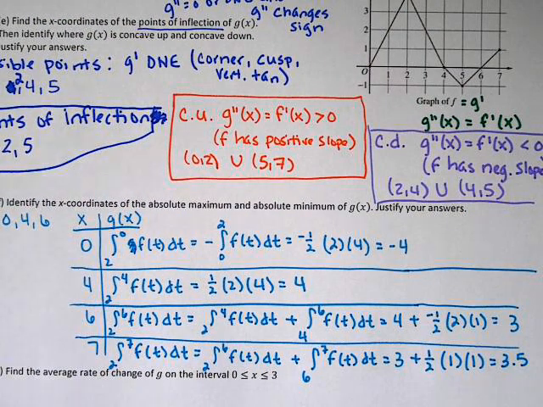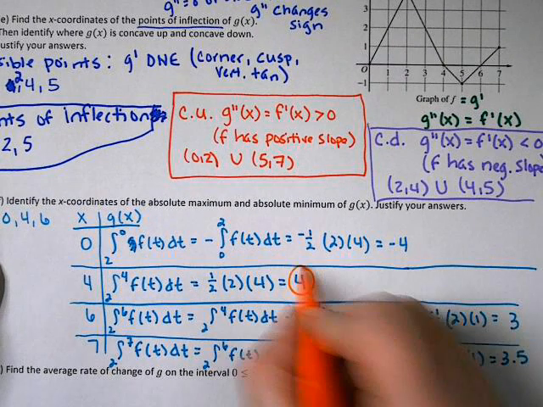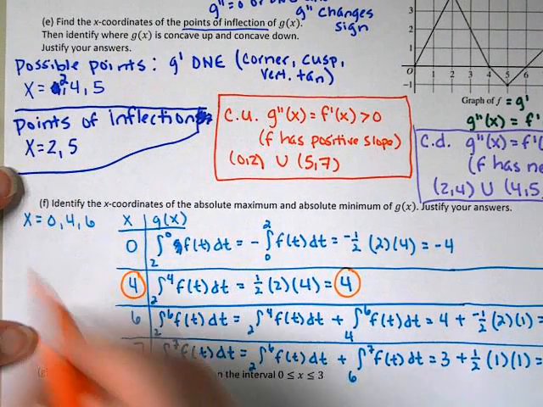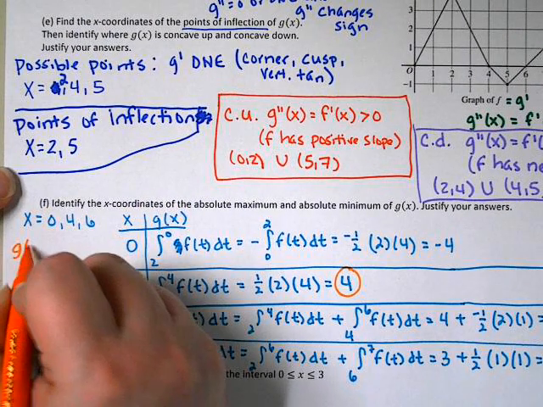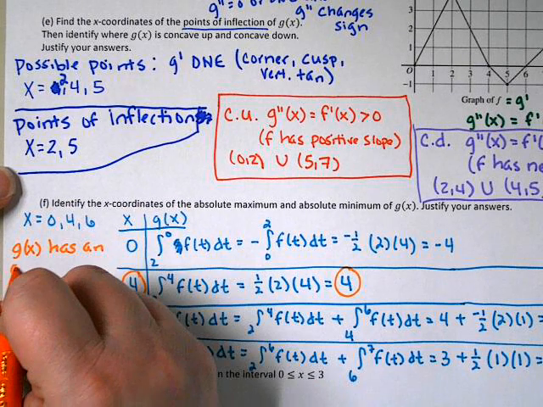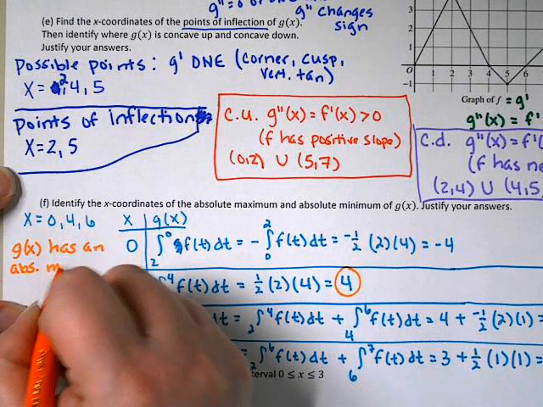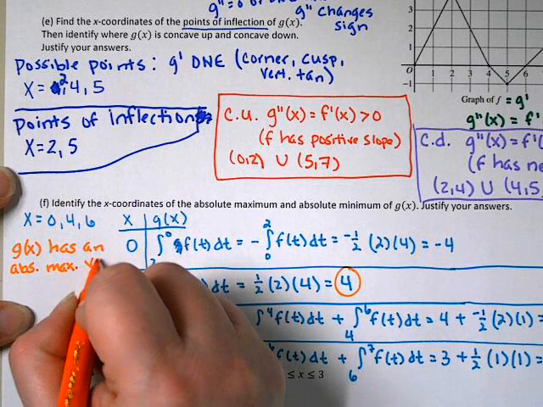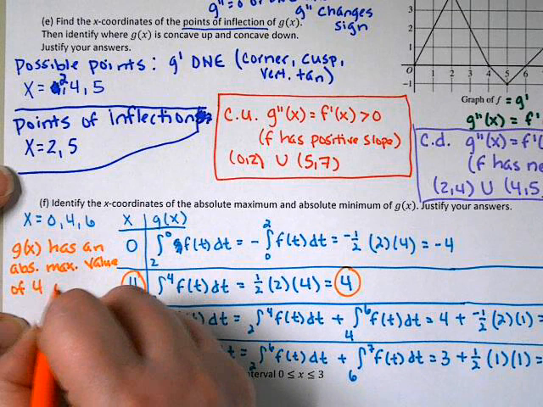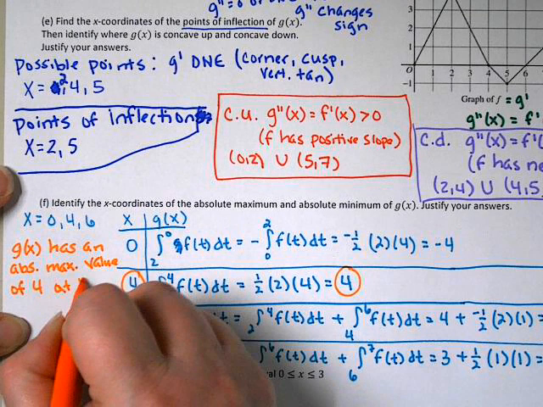And now what I need to do is I actually want the absolute maximum and the absolute minimum. So the absolute maximum is going to be 4, and it occurs at x equals 4. So I'm going to say that g has an absolute max of 4 at x equals 4.